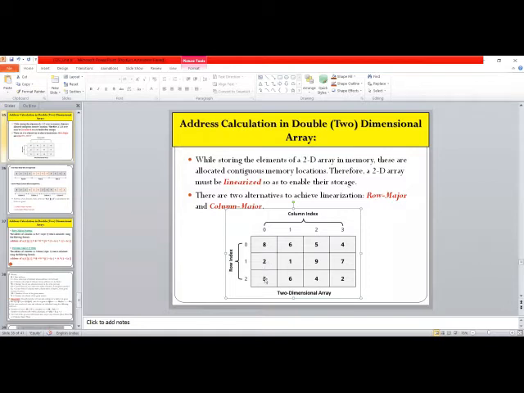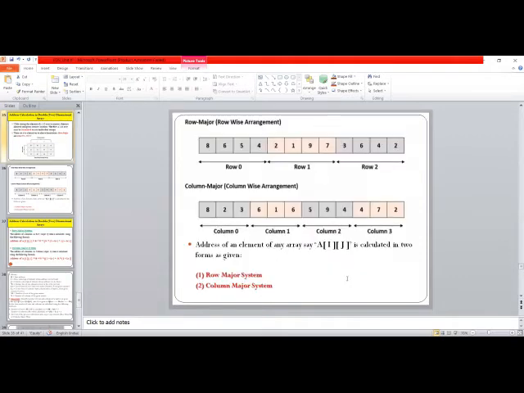After these, 6, 1, 6 will be stored. After that, 5, 9, 4 will be stored. And lastly, 4, 7, 2 will be stored. You can observe here 8, 2, 3, 6, 1, 6, 5, 9, 4 and 4, 7, 2.